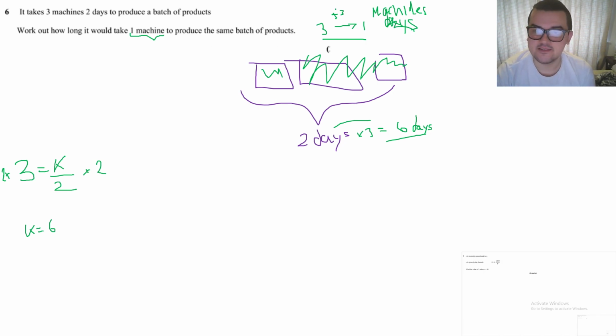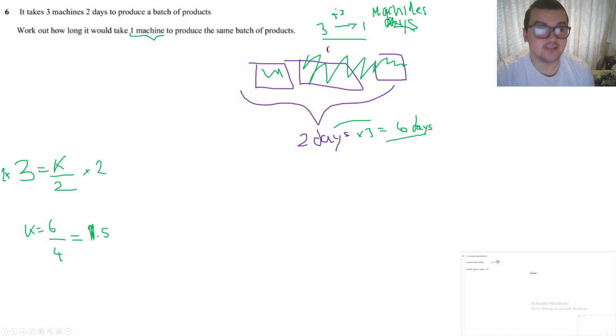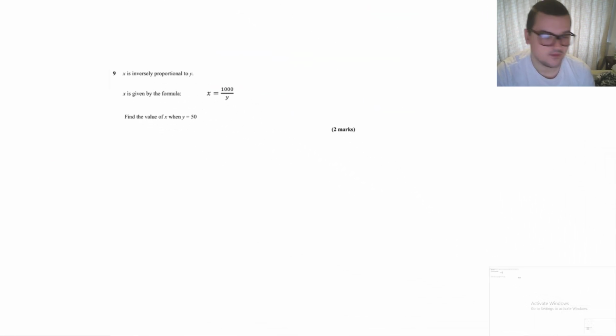So in this case you'd solve for k and then you divide k by 4, and we'd say that it would actually take 4 machines 1.5 days. Anyway, let's go to the next question. So the answer for this question is 6 days. Right.